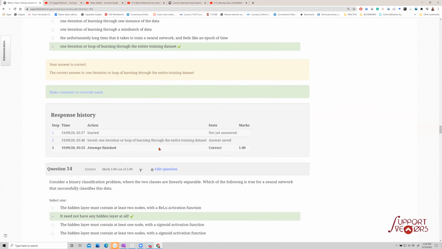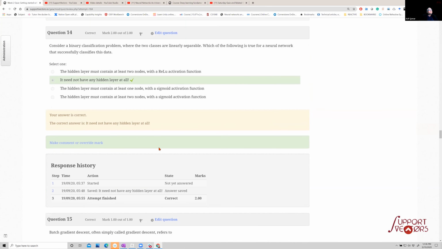Nice. So consider a binary classification problem where the two classes are linearly separable. This was a trick question, and some of you got this wrong. That's why, if you notice, I gave it double points.